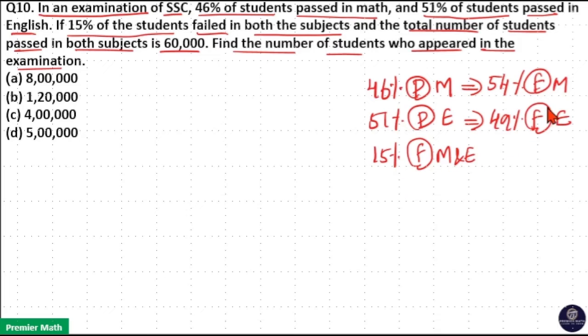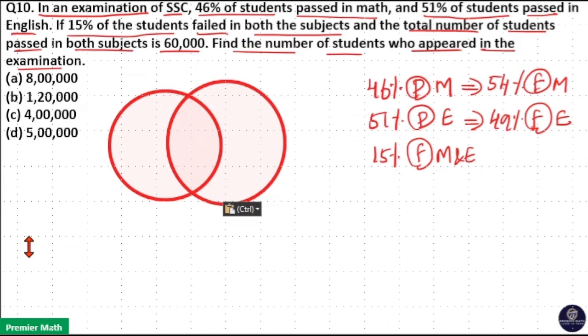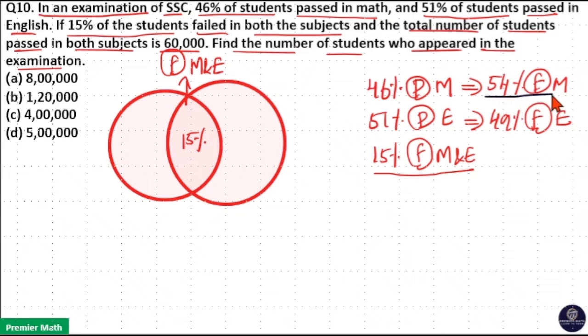Now we have the data of failed students. So let's draw the Venn diagram here. This intersection is for the combined students who failed in maths and English. That is 15% students who failed in maths and English. Now you can see these 54% students who failed in maths are also included in this 15% students who failed in maths and English.